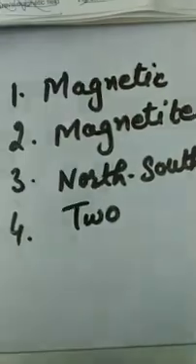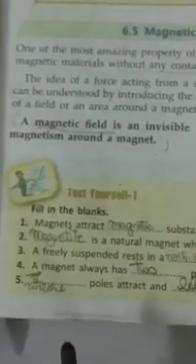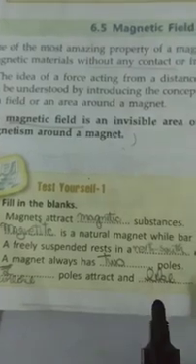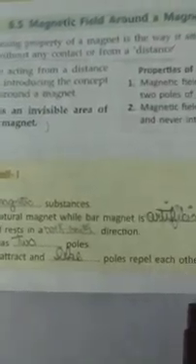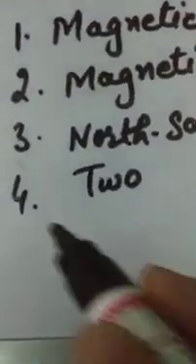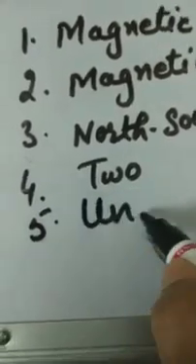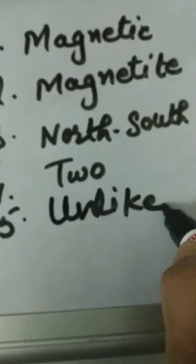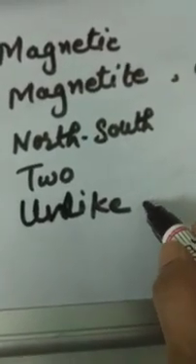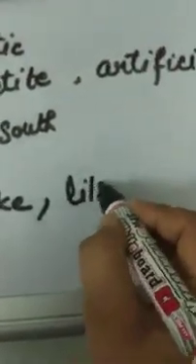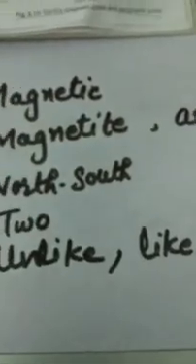Two poles. Dash poles attract and dash poles repel each other. Unlike poles attract and like poles repel each other.